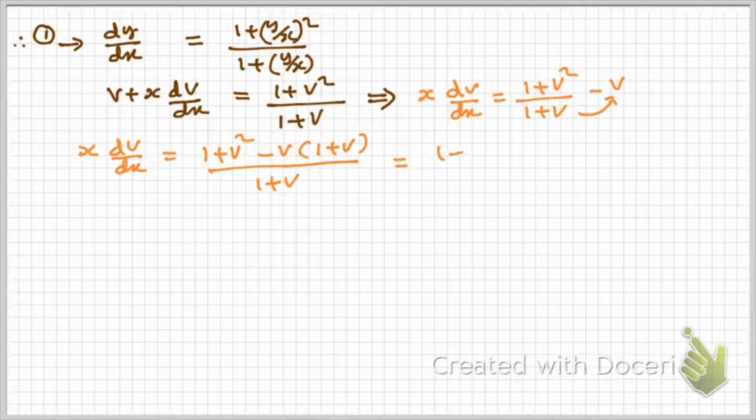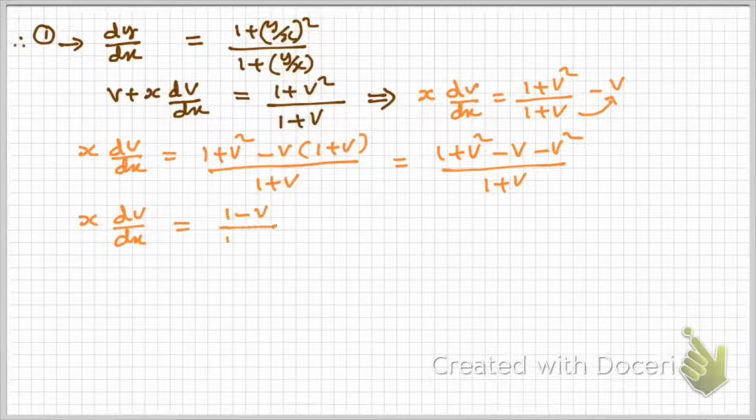And I'm going to open the brackets now. So this is what I get, 1 plus v square. Then minus v into 1 is minus v, into plus v is minus v square, divided by 1 plus v. Then this plus v square and minus v square will get cancelled. So what is left now is x dv by dx is equal to 1 minus v by 1 plus v.